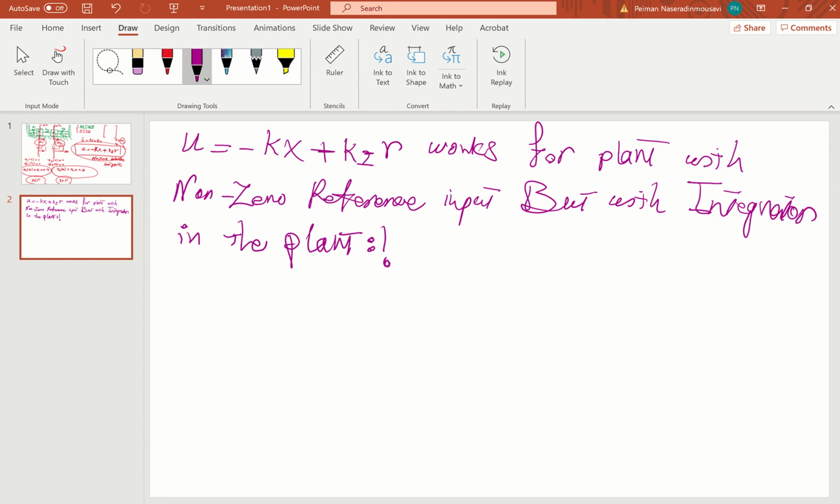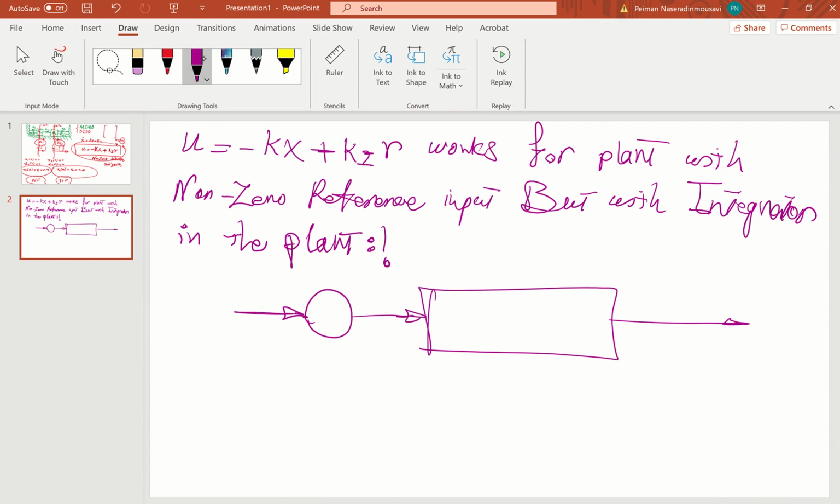So what do you think? Guys, do we have an integrator in the plant, in the transfer function? Look here. If this is the transfer function of this MIMO system, output over input of the system, do we have one s here inside? Do we have an integrator in the plant?